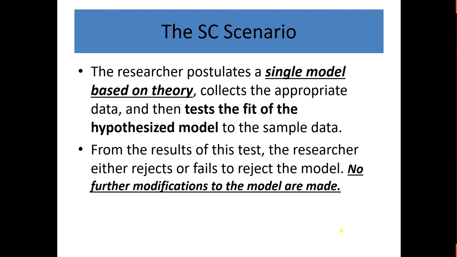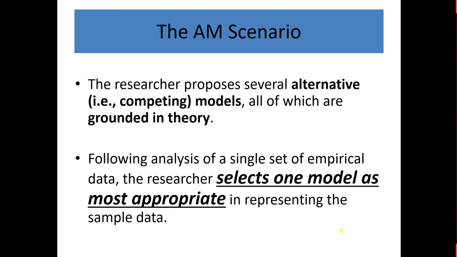We do not try to make any further modifications in the model. So in a strict confirmatory scenario, either we accept the model or we reject the model. There is no scope for further modification and then retesting.